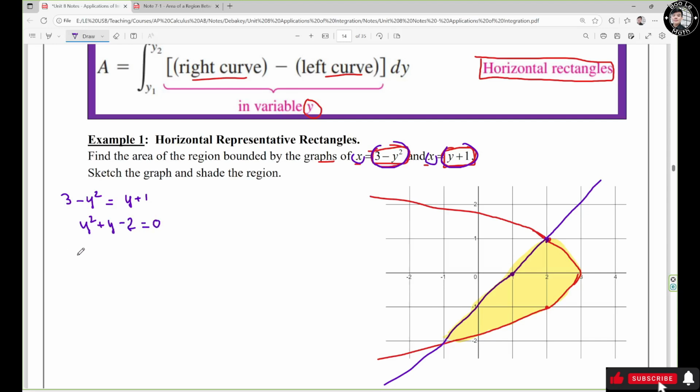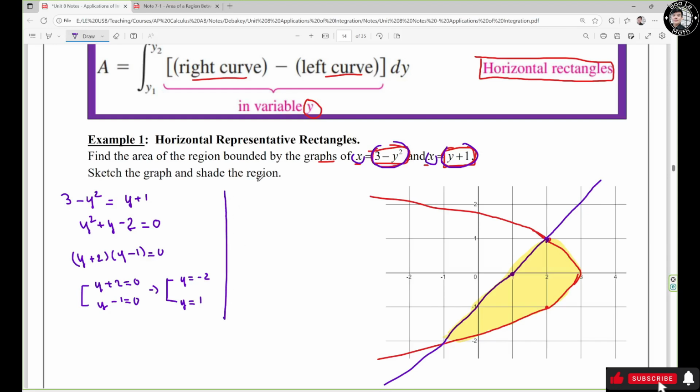Factor this: y plus 2 times y minus 1 equals 0. By the zero product property, y plus 2 equals 0 and y minus 1 equals 0, so y equals -2 and y equals 1.